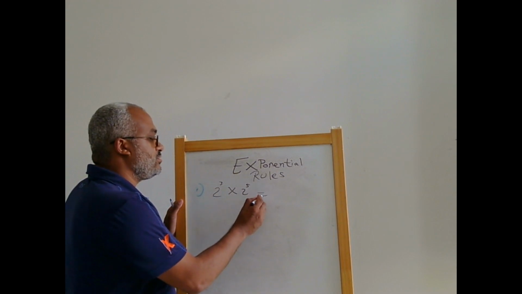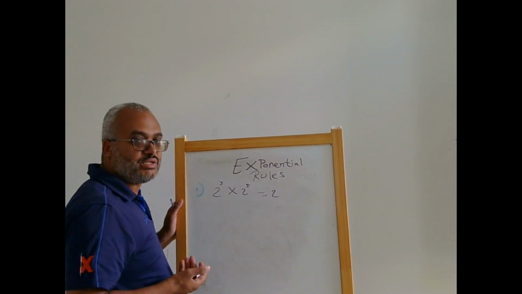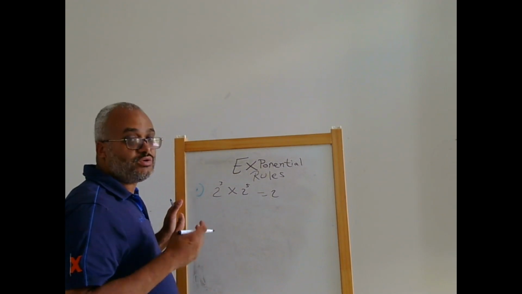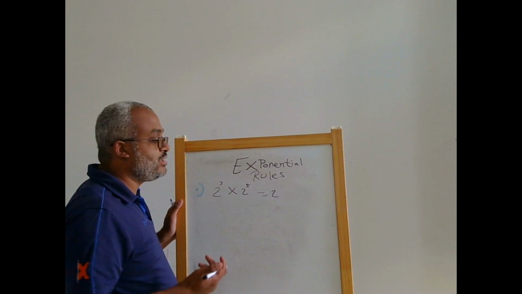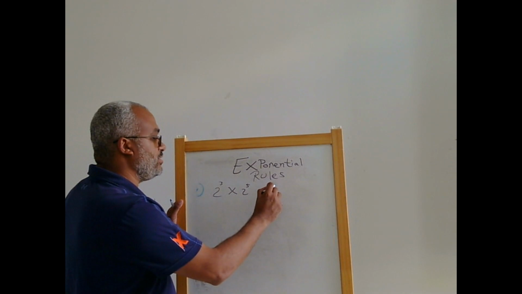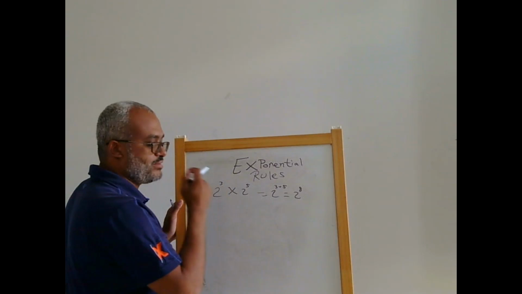When I have a product rule, what should I do with the exponent? Multiplication goes with addition, so I add the exponents. 3 plus 5 gives 2 to the power of 8.